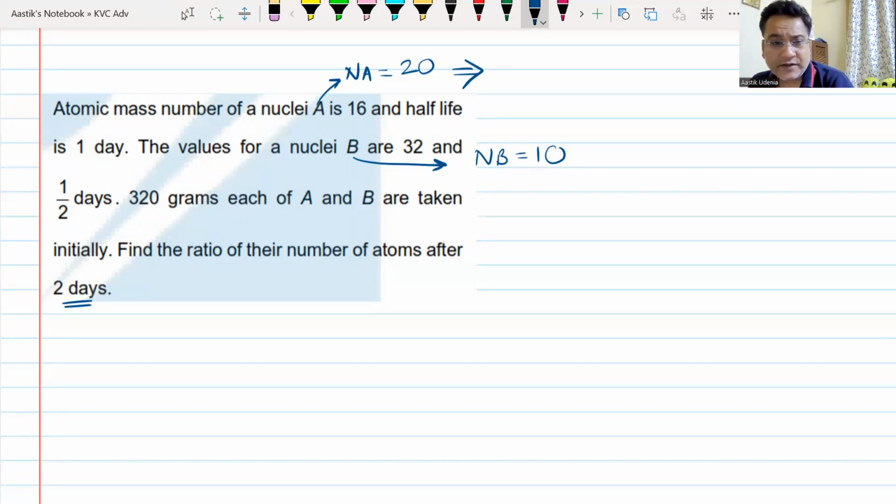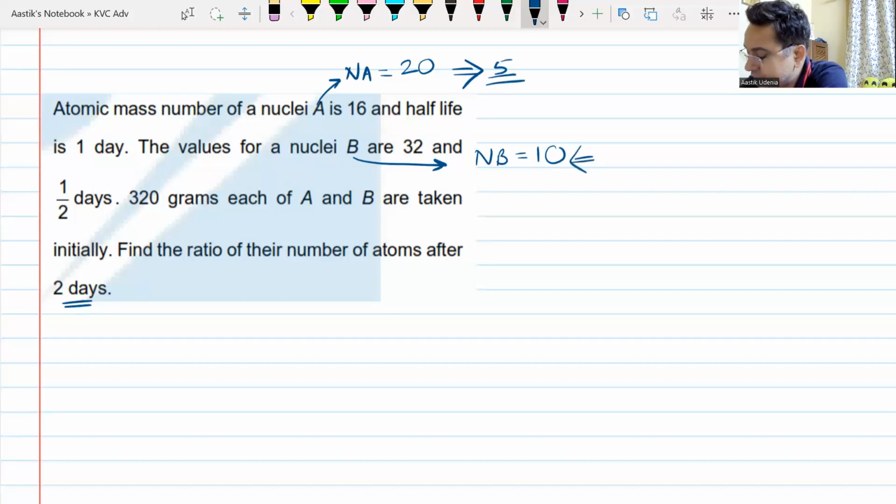How many half-lives have passed? 2, sir. In 2 half-lives, the number of nucleus will be initial number divided by 2 square. So 20 divided by 4 will be equal to 5. Yes or no?